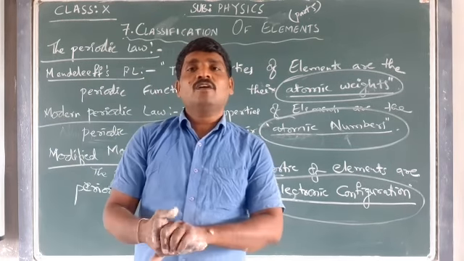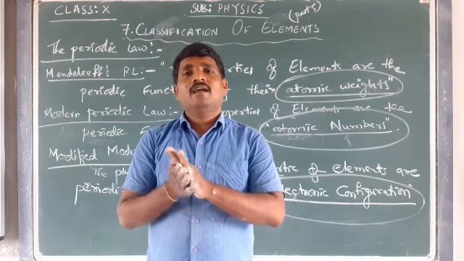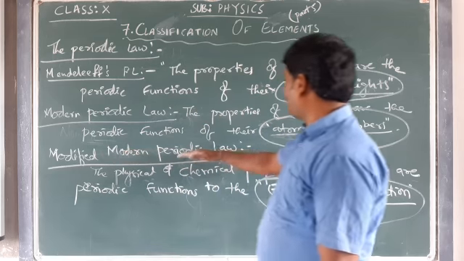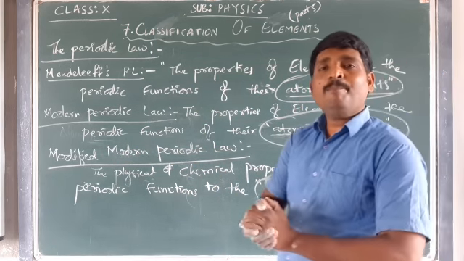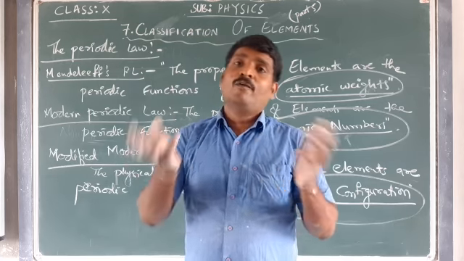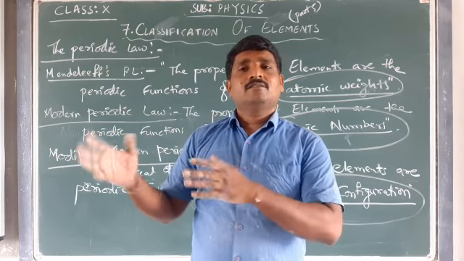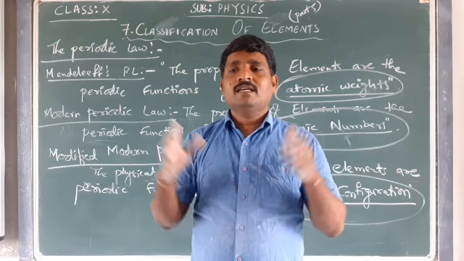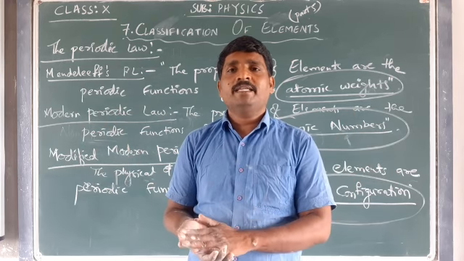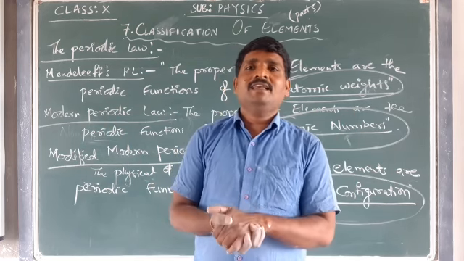How this modified modern periodic law, which depends on electron configuration, helped H.J. Moseley to arrange the elements in the long form of the modern periodic table, we will see in the next session.